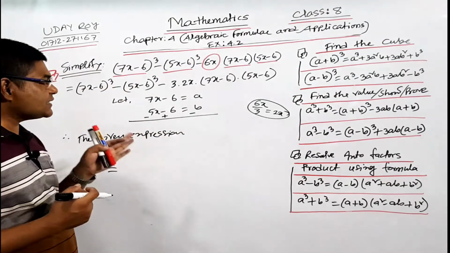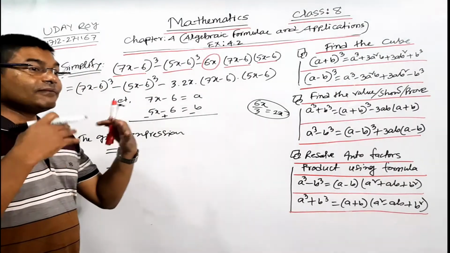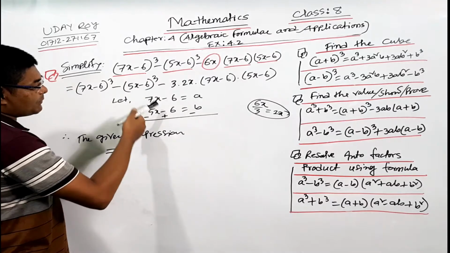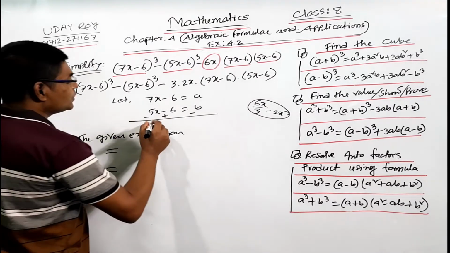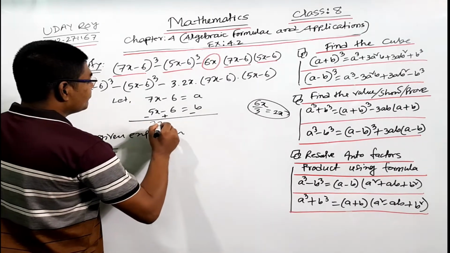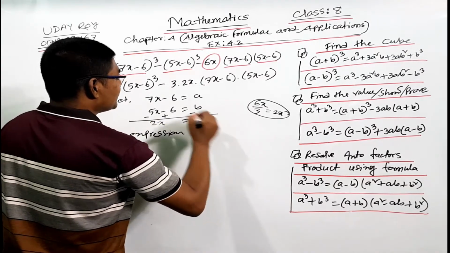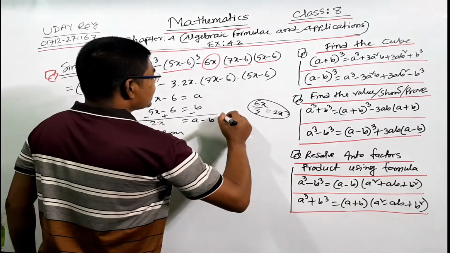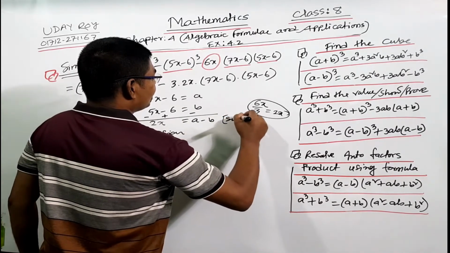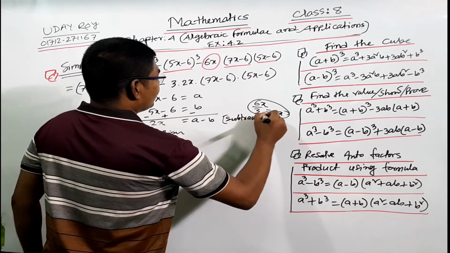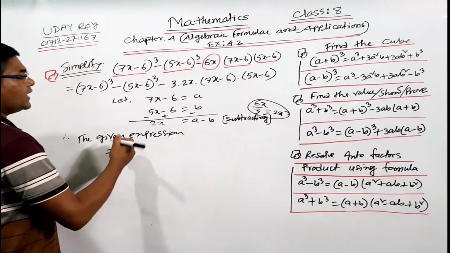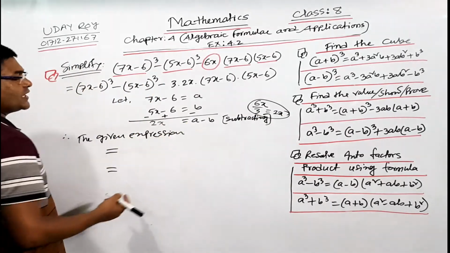So how is it possible to get 2x? If we subtract 7x minus 5x, we will get 2x. We will get 2x equal to a minus b. You have to write a side note here: subtracting. So we get 2x equal to a minus b.